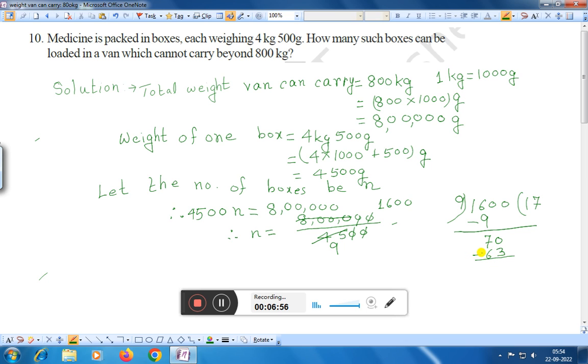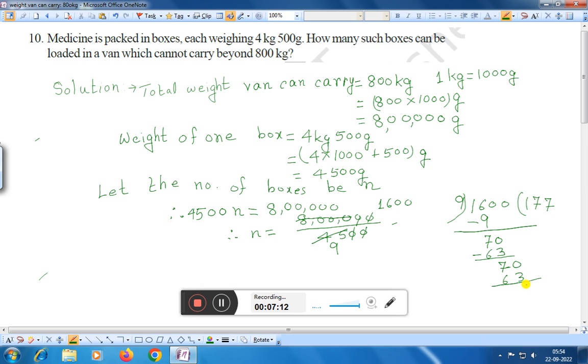Again subtract, again 7, and this 0, again 9 sevens are 63. If we subtract it, there will be 7. That means 7 gram will be left. And how many boxes are there? There are 177 boxes.